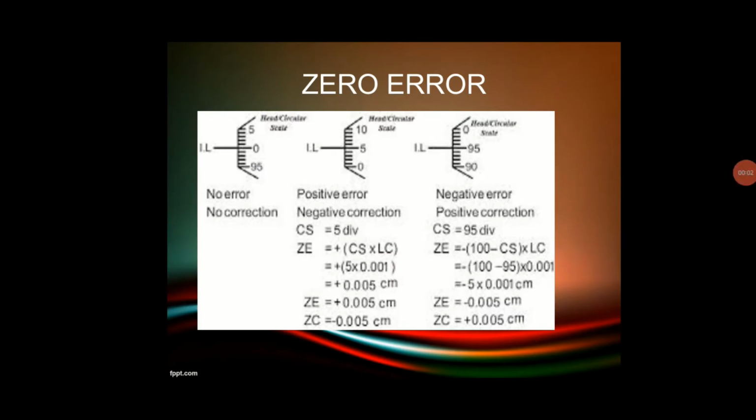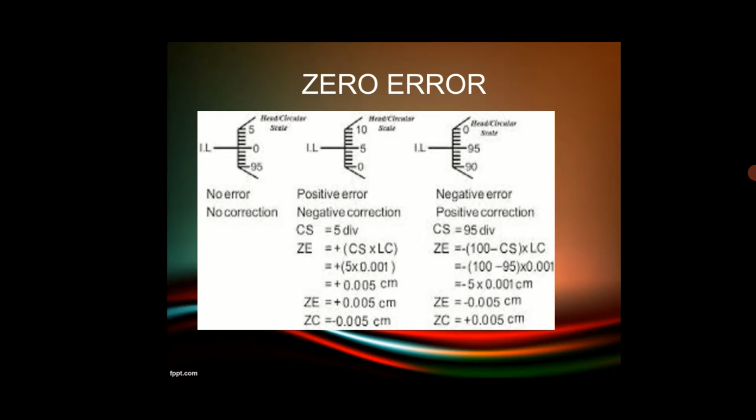Zero error. In the first diagram, you can see the 0 of the circular scale exactly in line with the reference line. So zero error is 0 and no zero correction. Positive zero error. In the second diagram, you can see the 0 of the circular scale is below the reference line.